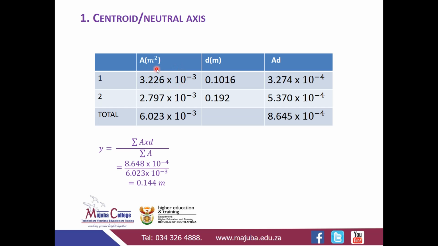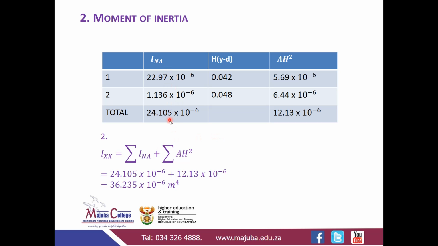But for these sections here, because we do have the properties of these sections right in your steel tables, we just went there and then we plug them out. Easy like that. All right, and then we determine the total.